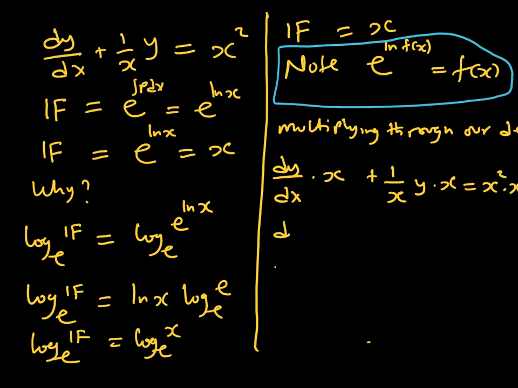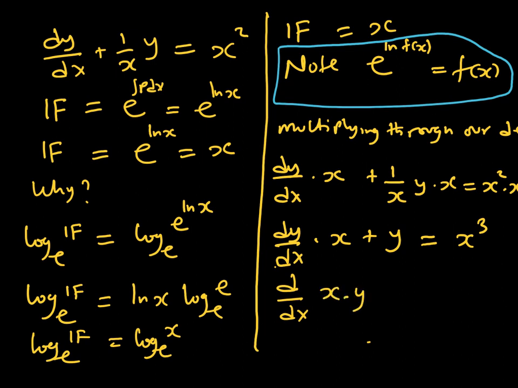So this is x dy by dx plus y equals x cubed. And when you look at this, it condenses to d by dx of x times y equals x cubed.